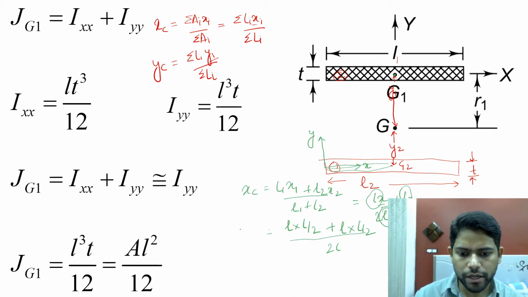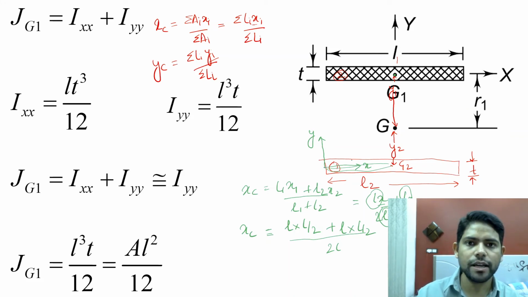So the x coordinate of your centroid is located at a distance L by 2 from the origin of your Cartesian coordinate system, and intuitively also you can see, since the length of weld 1 and weld 2 are equal, so obviously this x coordinate will lie at the center.